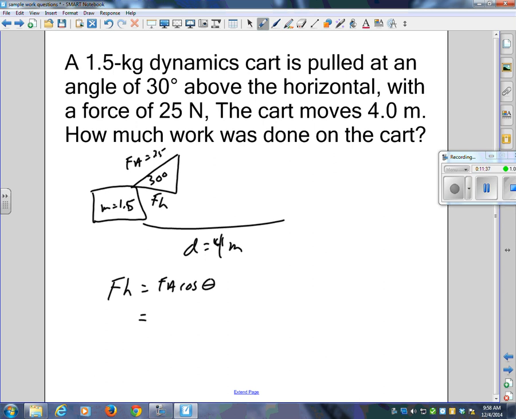So 25 newtons times the cosine of 30 degrees, which is 21.7, right? Now just W equals Fd: 21.7 times 4.